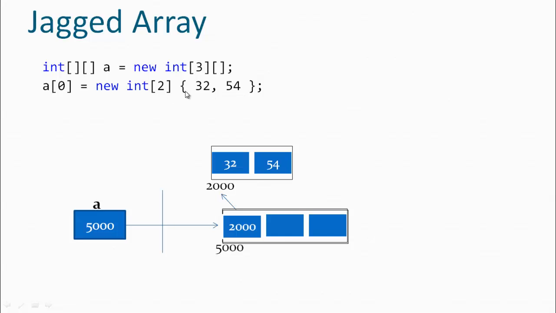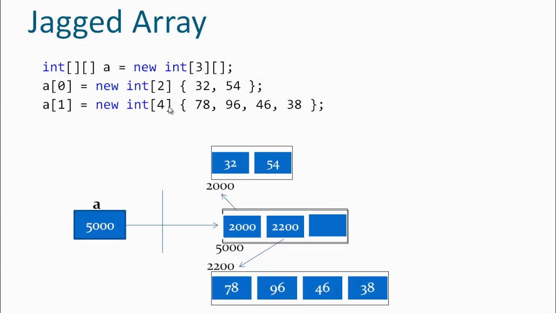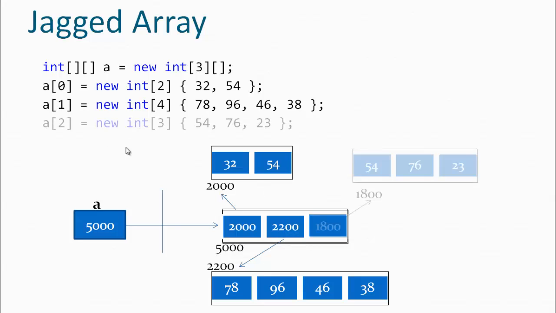So this declaration will create an array of size 2 with these 2 elements and its reference will go to a[0]. Same way new int[4] will create an array of 4 elements and its reference will go to a[1], and new int[3] will create an array of size 3 with 54, 76, 23 and its reference will go to a[2]. So this is how a jagged array can be created.